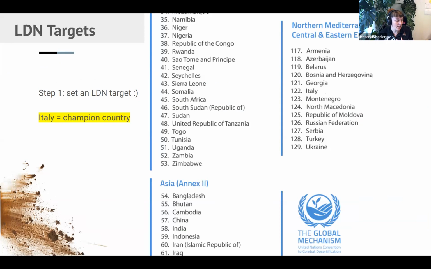And I have to say, developed countries, where are you? Most of you are missing. You haven't even really set a target. The default data shows, and I have seen it everywhere, that degradation is not a developing world issue. It's a world issue. Just because your country has a higher GDP, it does not mean you are immune to degradation of your land.